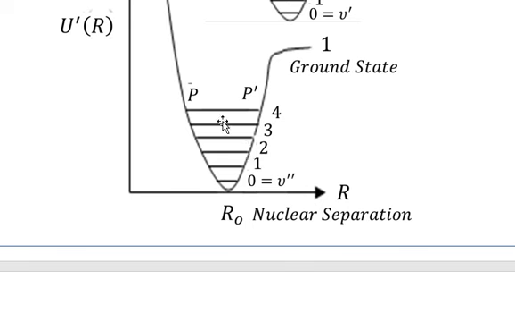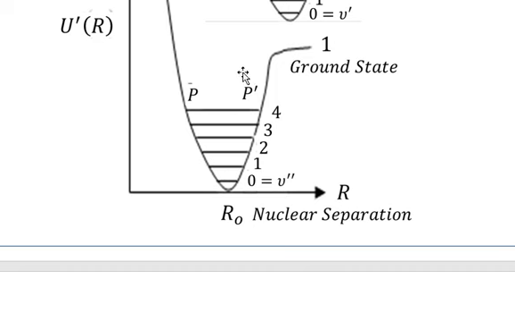Up to the level 4 or 5, the curve is fairly symmetric about the axis. If you pass the axis perpendicularly through the value R0, then the curve is fairly symmetric, and we may treat this curve as a fairly parabolic curve.